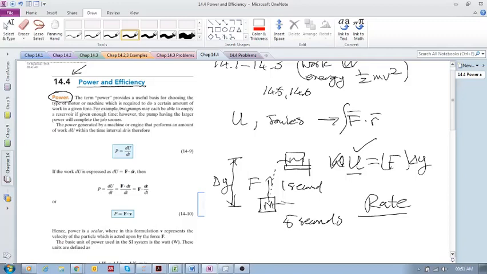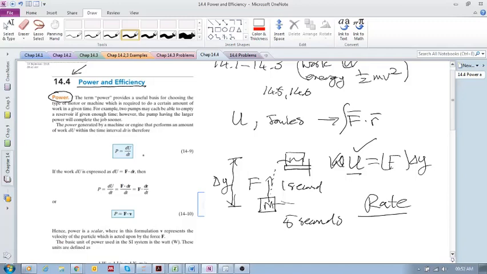For example, 2 pumps may each be able to empty a reservoir if given enough time. However, the pump having the larger power will complete the job sooner. So basically, here you had the larger power because you were able to carry out that same amount of work in a much smaller time.